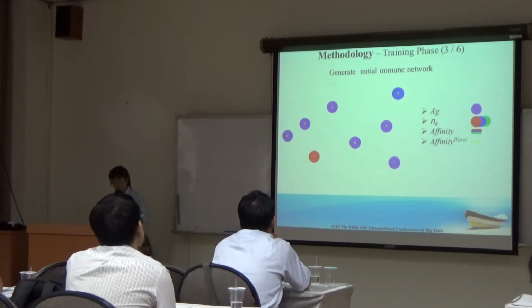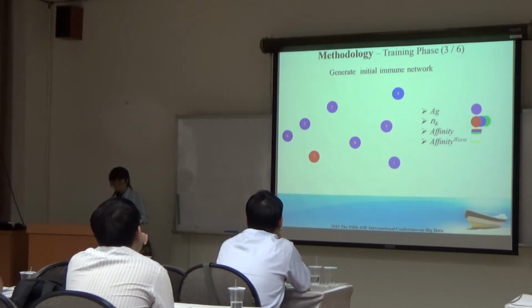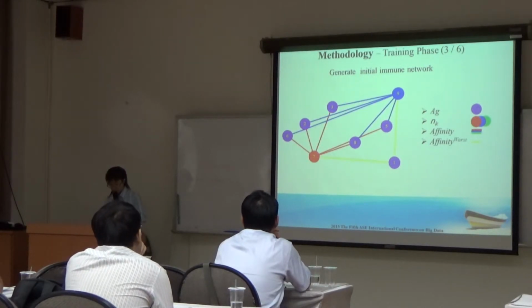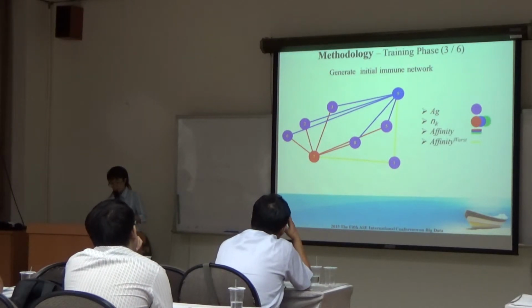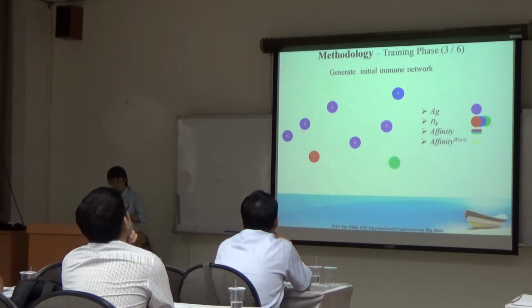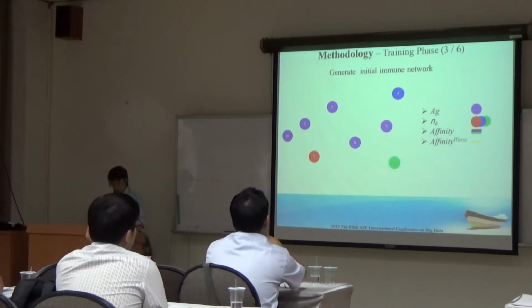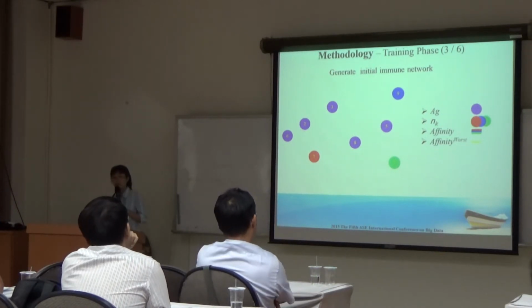In the same way, the total similarity of point 1 with the 2 initial networks is the worst, and points 9 and 7 are in different classes, so the third initial immune network is point 1.